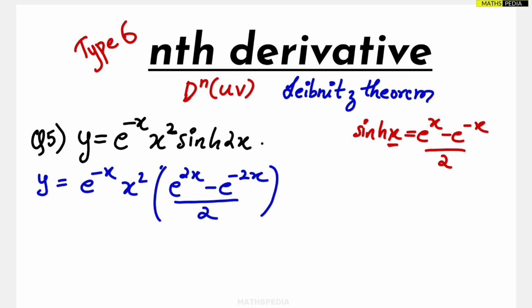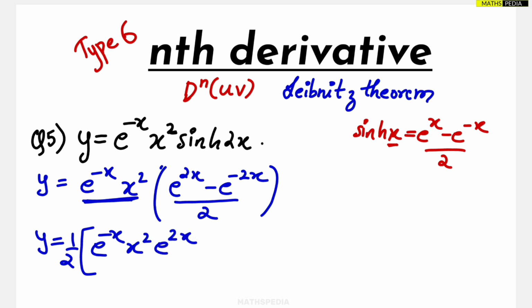Simple. Now this 1 by 2 can be taken outside. Then everything you multiply inside. What will happen? y is equal to 1 by 2, then e power minus x into this thing. So what will happen? e power minus x square e power 2x minus e power minus x square e power minus 2x. Simple.